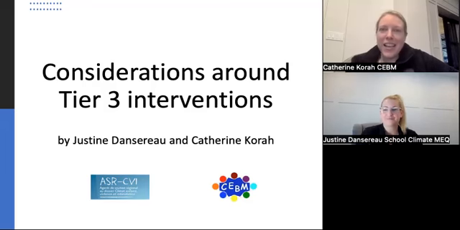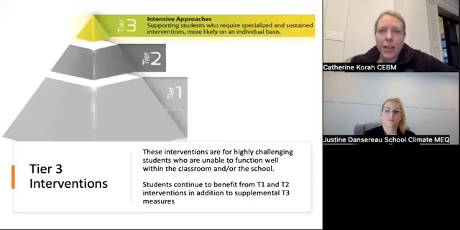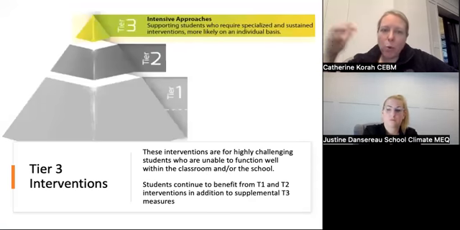Thank you, Justine. This is a topic that the Center of Excellence for Behavior Management has been presenting for quite a few years now. We started with the pyramid of intervention, and then earlier this year, I started presenting the flow chart of intervention, to be able to make sense of the different tiers: tier 1, tier 2, and tier 3, and then moving forward.